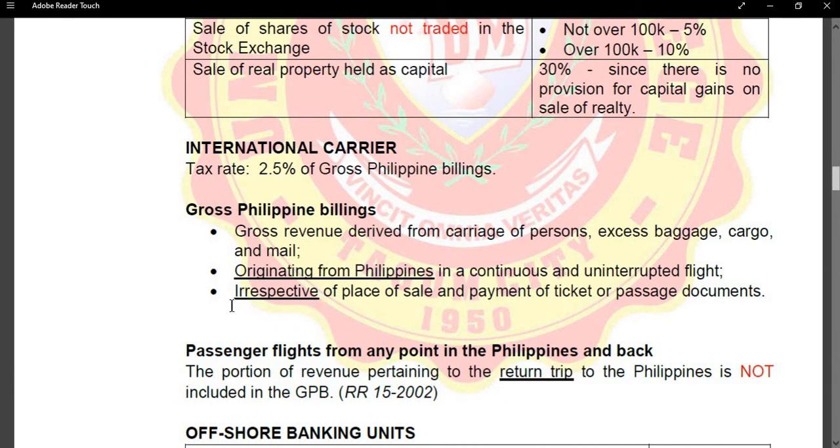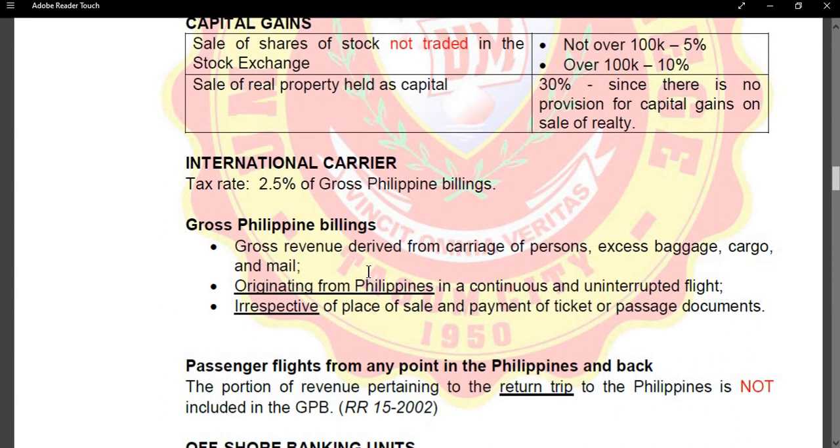So without regard to where the ticket was sold, within or without the Philippines, basta it originates from the Philippines, okay? So, it will be subjected to 2.5% tax rate.